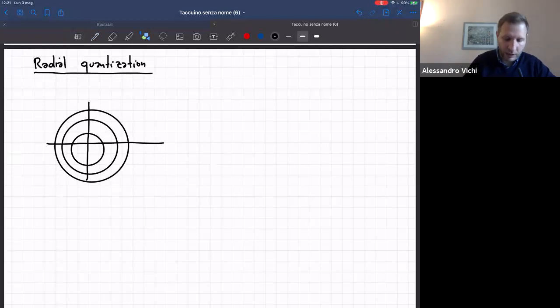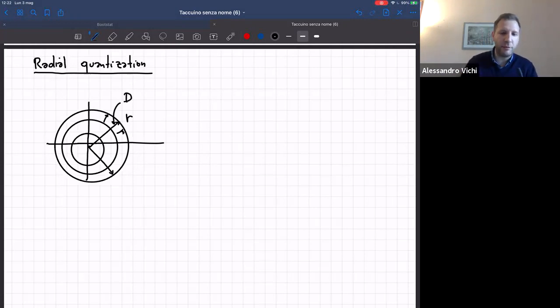And then define the evolution operator as the operator that allows you to pass from one to the next, which is simply rescaling. You pass from a sphere to a concentric one by dilatation with a constant smaller or larger than one. So this is the radial direction, of course, and the operator that allows you to pass from one to the next is just the dilatation operator.